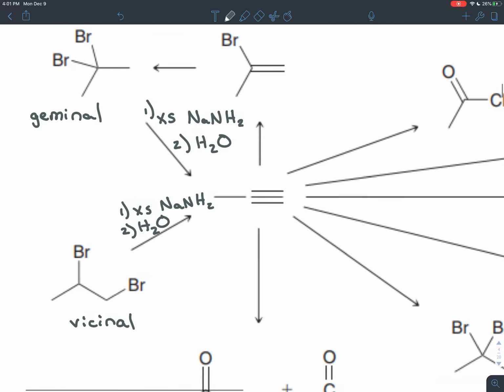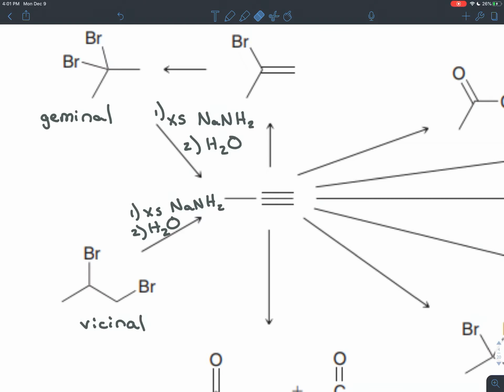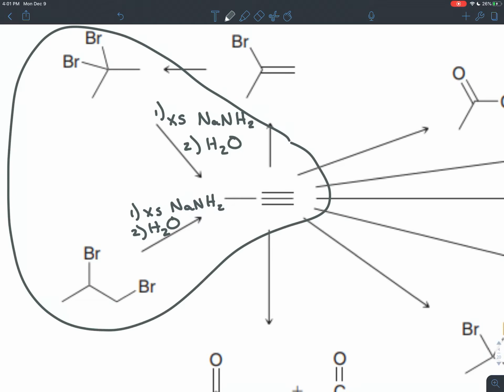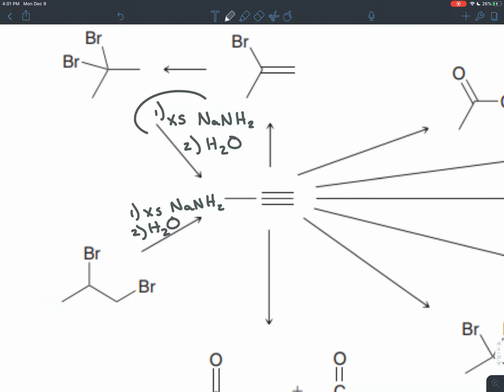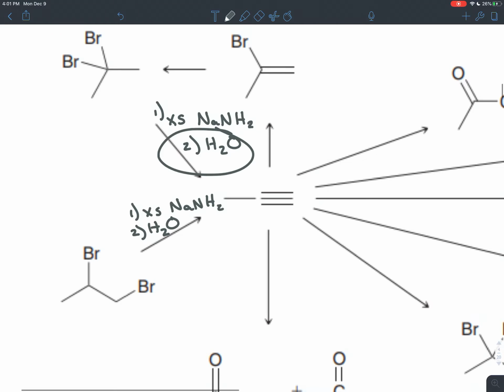And that's coming from the Latin word for neighborhood, vicinity, right? Also another English word with that root. So we can make alkynes by starting with dihaloalkanes, either geminal or vicinal, and using excess sodium amide in one step and a water wash in a second one.